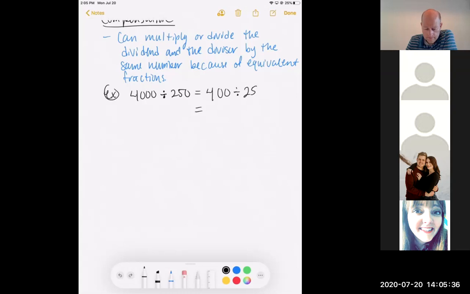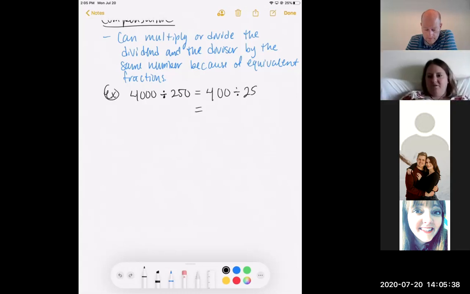Well, since we know that 25 times 4 is 100, then we could do 100 times 4, so that would be 4 times 4 is 16. Okay, 16. Good. So there's 4 25s in 100, and then there's 400s in there.